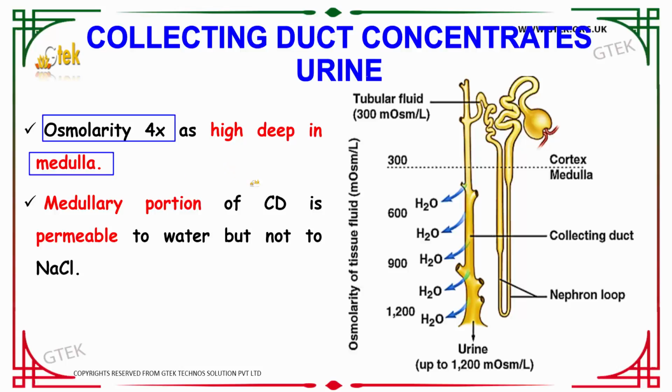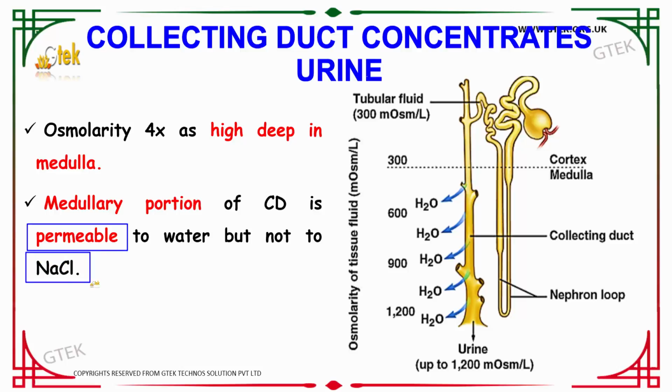The medullary portion of the collecting duct, that is CD, is permeable to water but not to sodium chloride, NaCl. So this is how the urine is concentrated in your collecting duct.